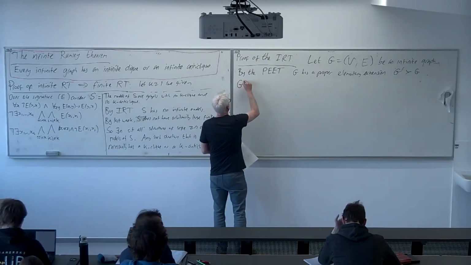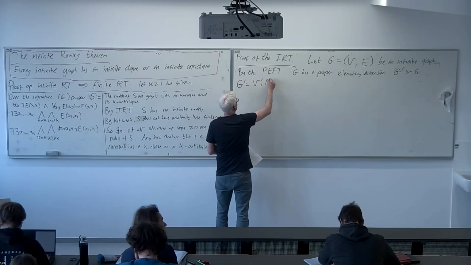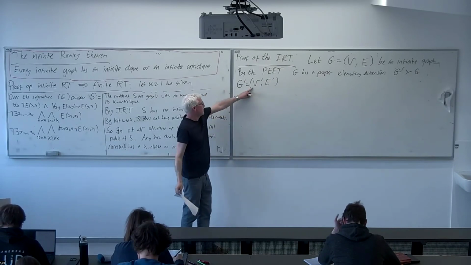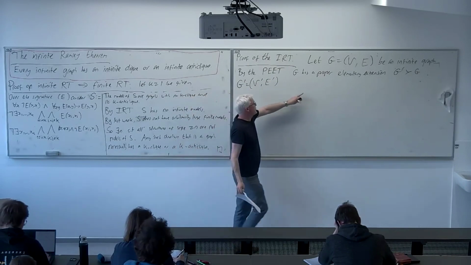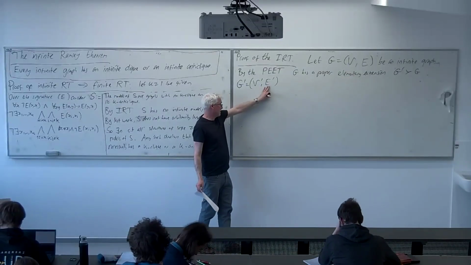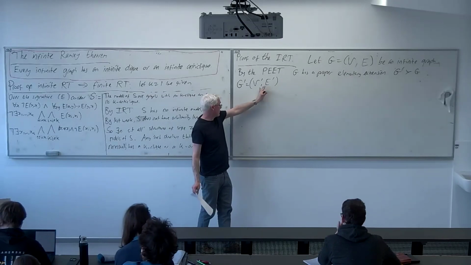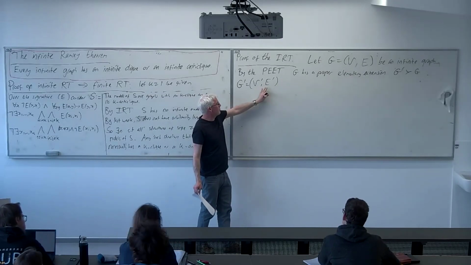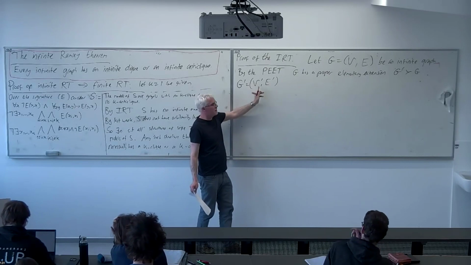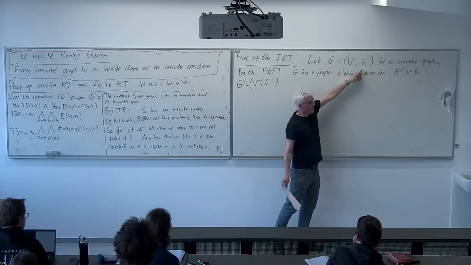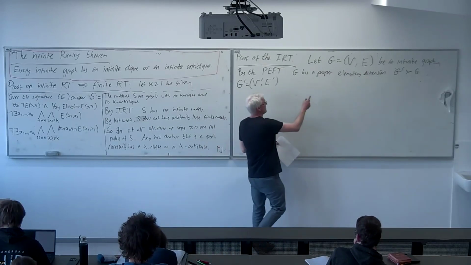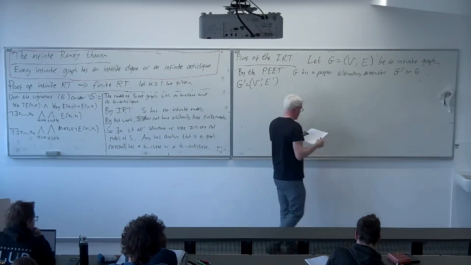So we can say G prime is some V prime, E prime, where because it's an elementary extension, V prime is a superset of V, and E prime is the edge relation on V prime. Again, whenever we consider E prime between two vertices that come from G, it will coincide with E, because the inclusion from G to G prime is an embedding.